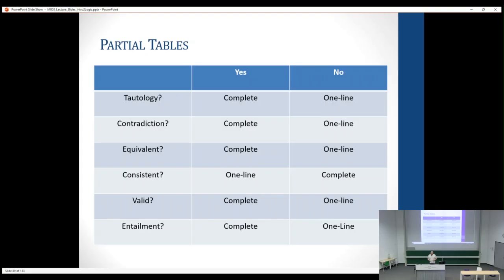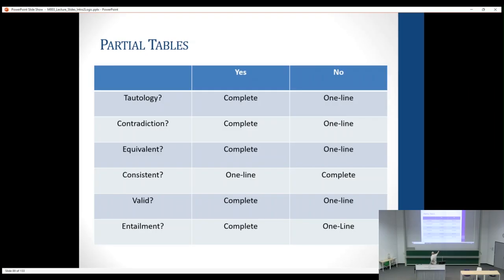We come up with a valuation that makes one of the sentences true and the other one false. No, we don't care which way. We just need to show that there's even one case where they differ in truth value, then they ain't equal. If we want to show that some sentences are consistent, one valuation, because all we need to do is to show that there's at least one case where they're all true.